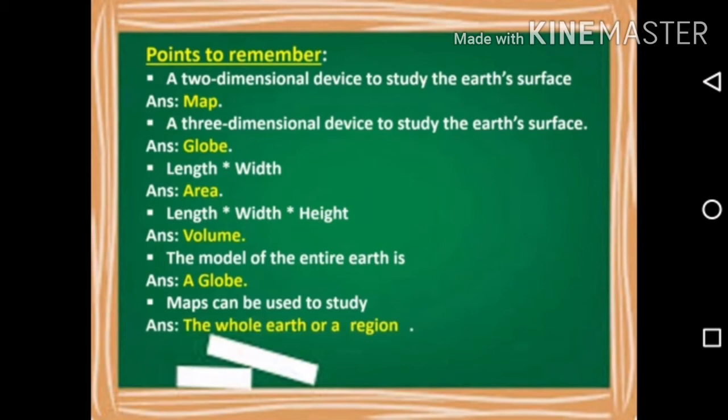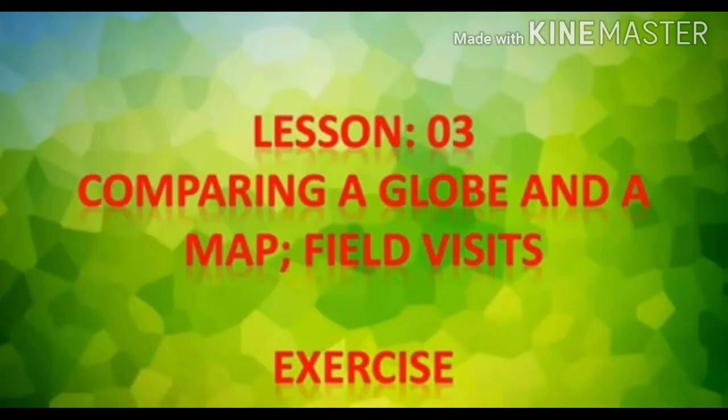A three-dimensional device to study the earth's surface, that is globe. Length, width, area; length, width, height, then volume. The model of the entire earth is a globe, and maps can be used to study the whole earth or a region. So we will move towards the exercise of this lesson.